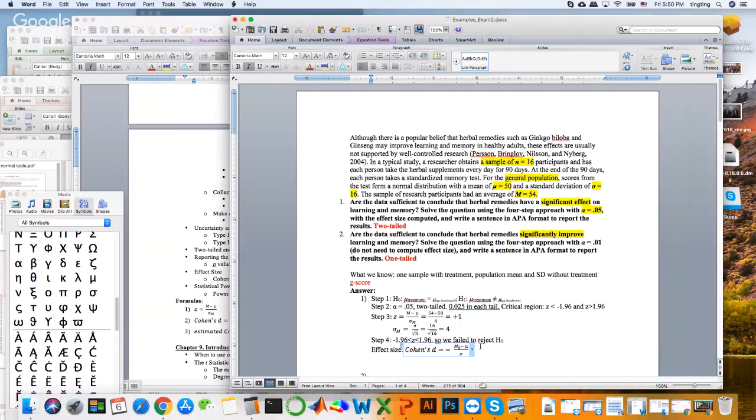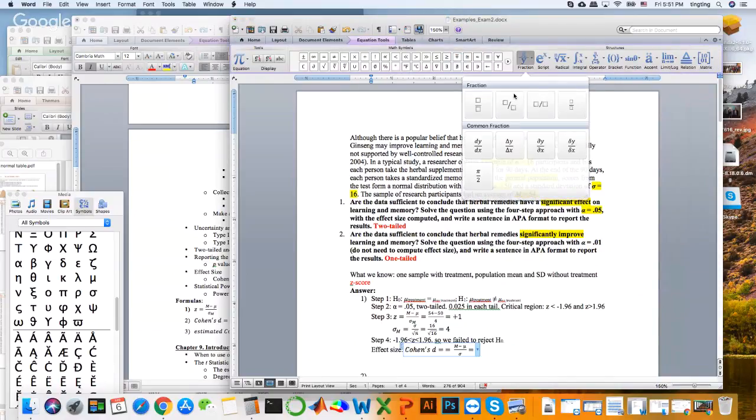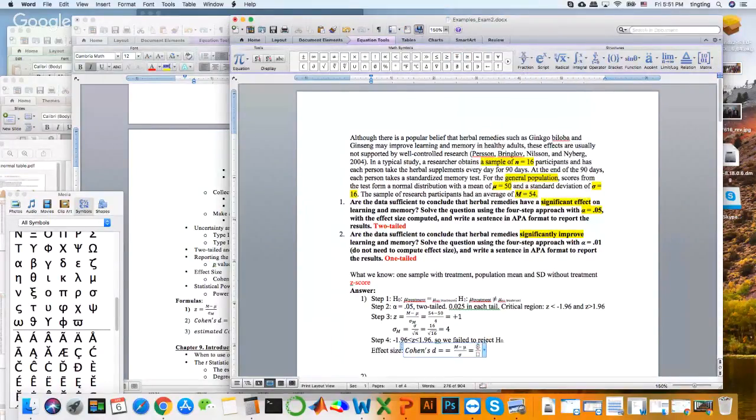And minus mu and divide by sigma. So here we know the M, which is 54.